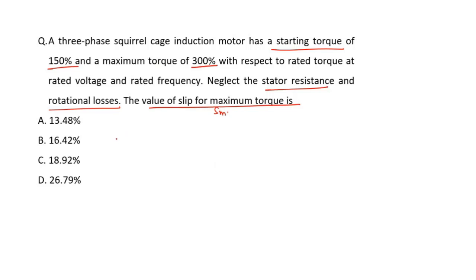We know the torque ratios, right? Starting torque to maximum torque, and full load torque to maximum torque also. So I can write it as 2 into 1 into Sm divided by 1 square plus Sm square, and this is 2 into SFL into Sm divided by SFL square plus Sm square.